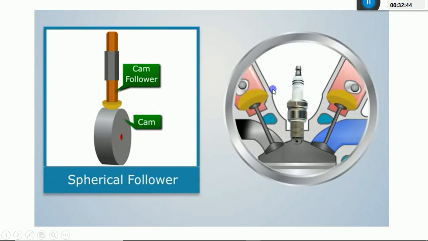The shape of this follower is in the form of a sphere, which is used in automobile engines to control the inlet valve and the exhaust valves. By using this one, we can minimize the stresses which are going to be induced in the cam as well as in the follower. So that is the only difference between a flat faced follower and a spherical faced follower.